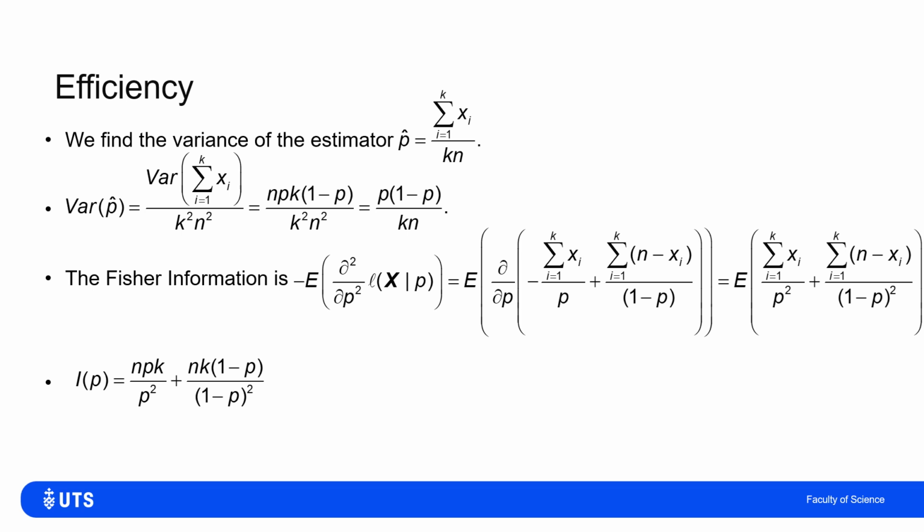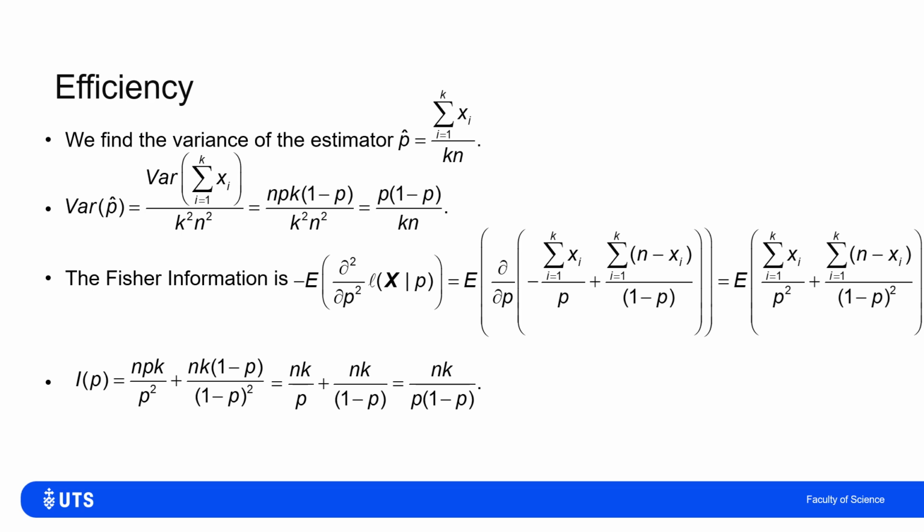And tidying that up, I get the Fisher information being npk over p squared plus nk(1 minus p) divided by (1 minus p) all squared. So when I tidy that up a little bit, I get nk divided by p(1 minus p).